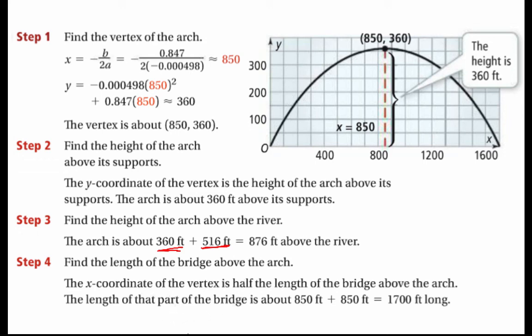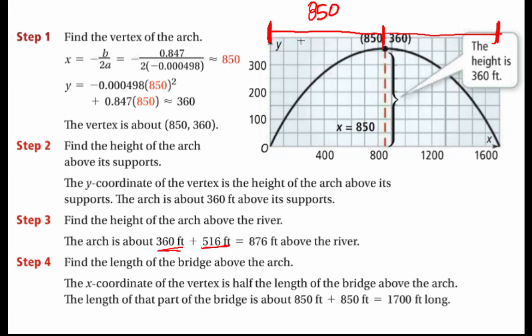Find the length of the bridge above the arch. If you remember the diagram, the length of the bridge above the arch has two components: from the vertex to the left support base and then to the right support base. The nice thing about having this on the graph is that we know this distance here is 850. That's the x-coordinate of our vertex, so it is 850 units away from the y-axis.